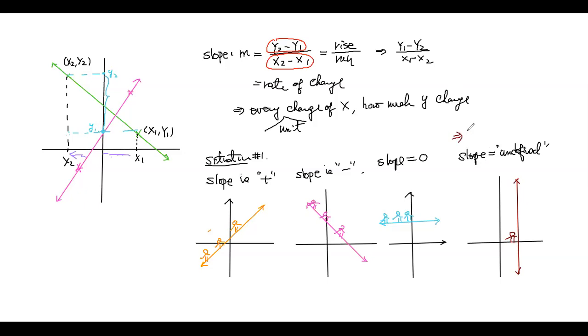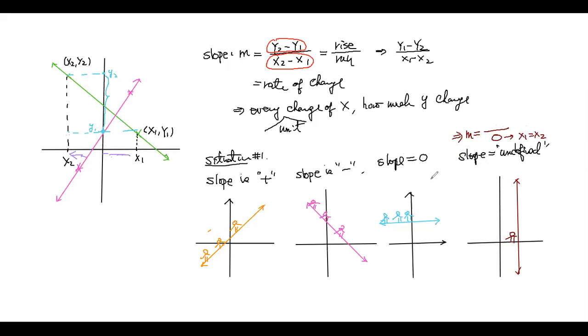When you do the calculation, you will have a 0 on the bottom, which means x1 equals x2. A fraction cannot have 0 on the denominator. That is where you say the slope is undefined.